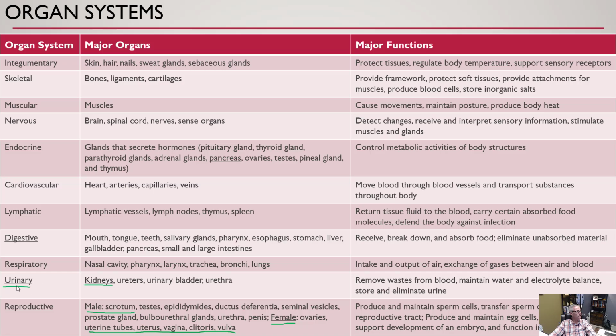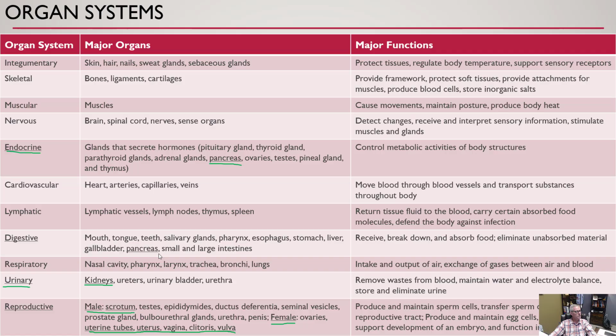Kidneys are part of the urinary system. One thing that I mentioned earlier is that the pancreas is part of the endocrine system because it helps regulate blood sugar levels. If your blood glucose level is too high, the pancreas dumps out some insulin. It's an endocrine organ.